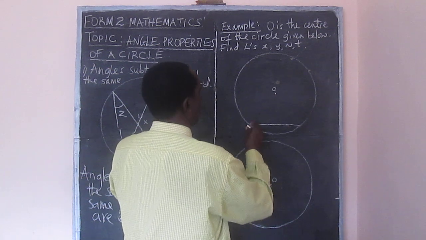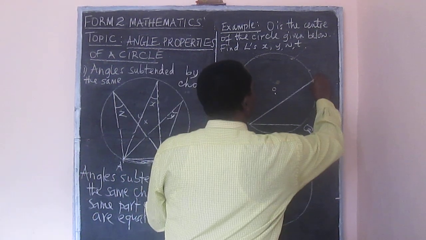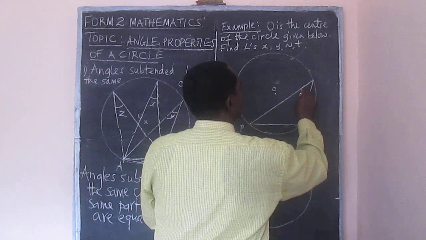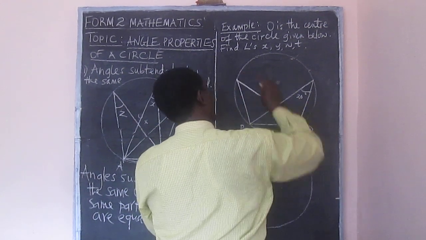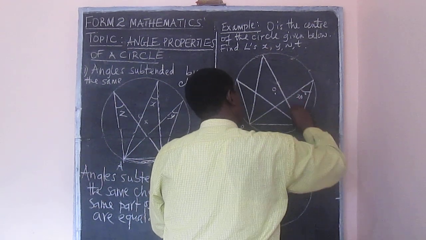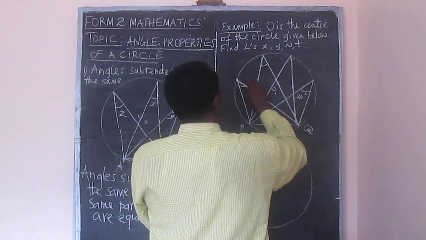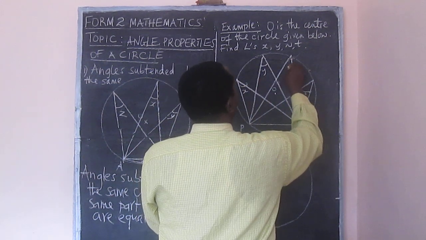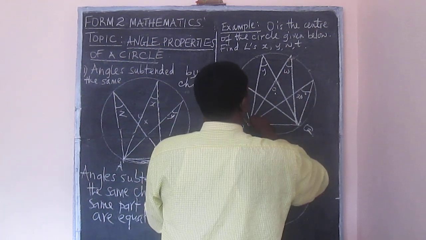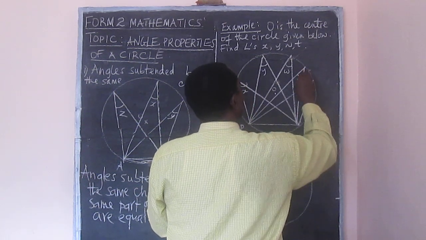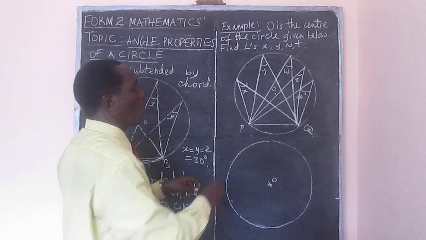There is a chord PQ, and we are given that the chord subtends an angle of 20 degrees, and you are required to find the angle X, Y, and this is W, and we want to find this other angle here, that is T. From our theorem, all those angles are equal.